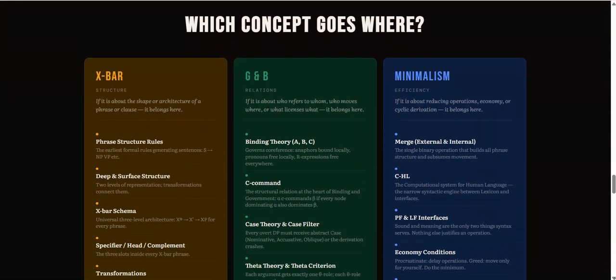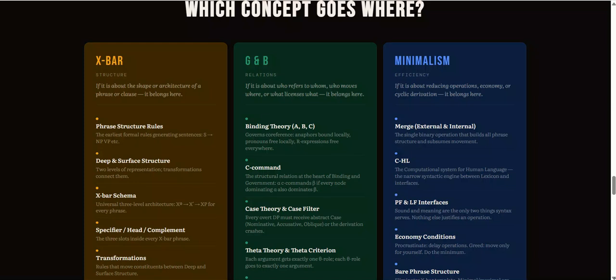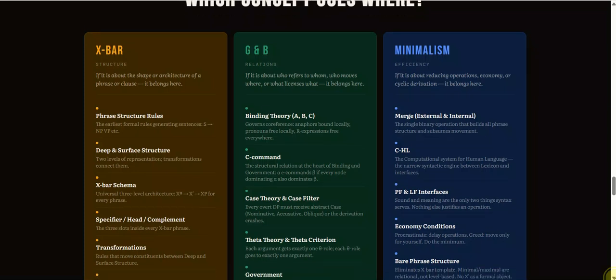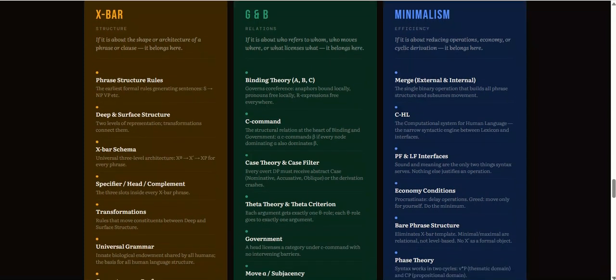So this is a general chart for understanding which concept goes where. These are the three that go side by side. For understanding: X-bar is structure, GB is relations, minimalism is efficiency. This is just a trick to understand.